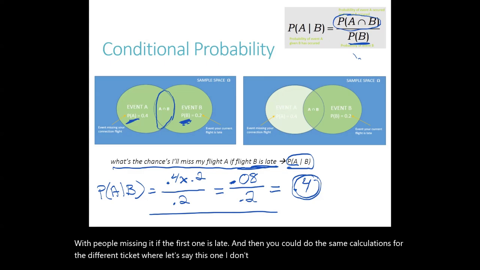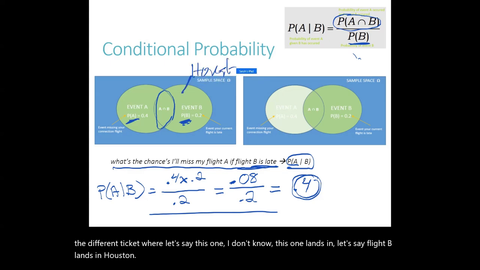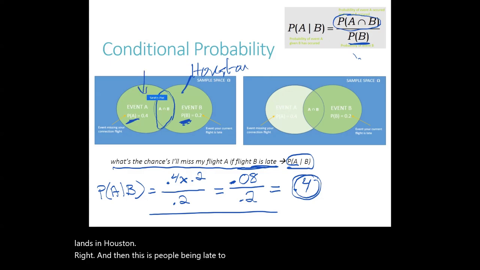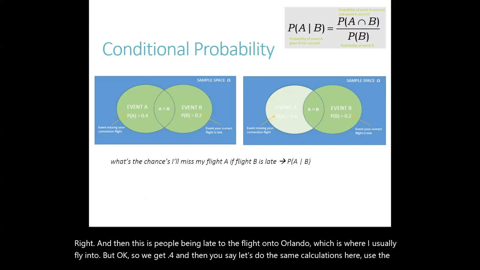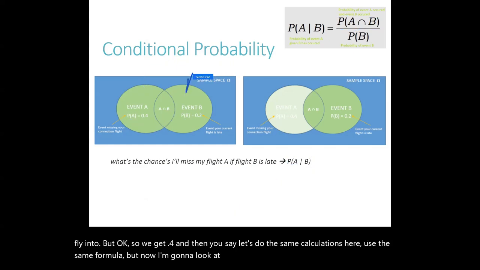Let's say flight B lands in Houston, and then this is people being late to the flight onto Orlando, which is where I usually fly into. But okay, so we get 0.4, and then you can say, well, let's do the same calculations here, using the same formula, but now I'm going to look at the cases where flight B, the one I'm interested in, might not be late.